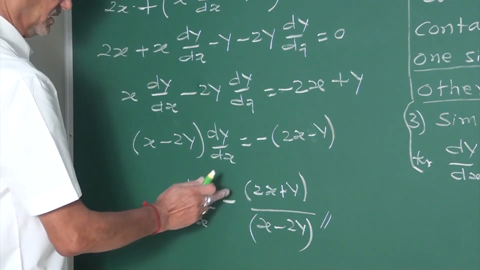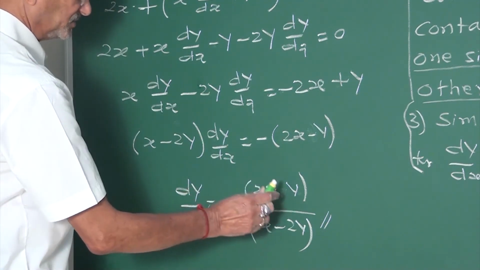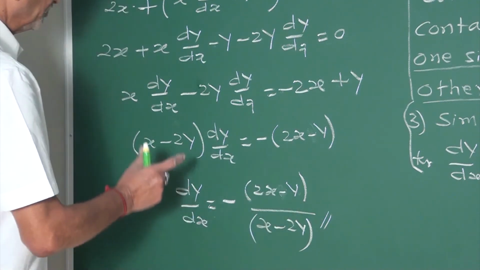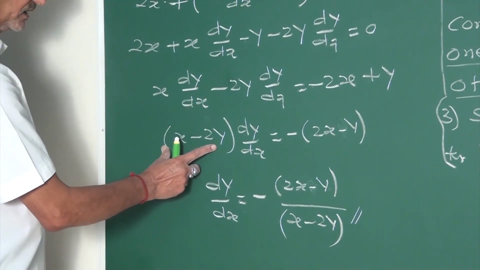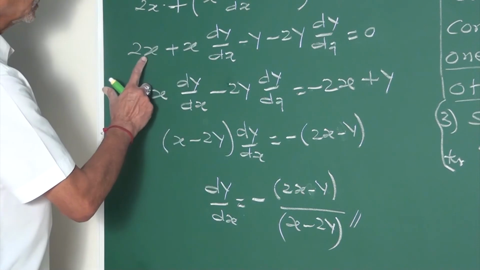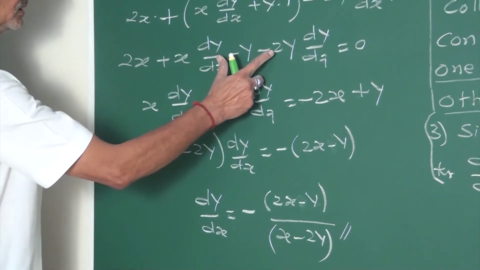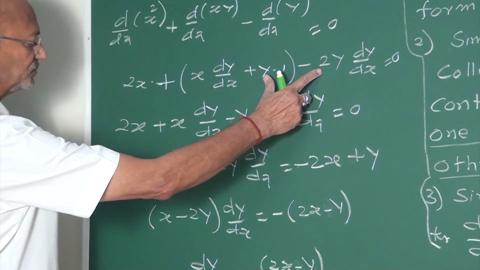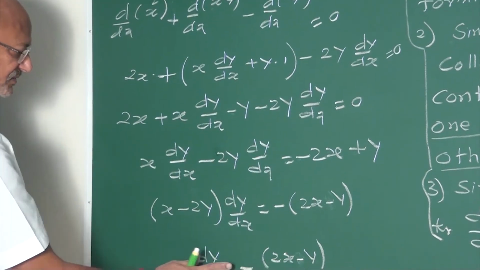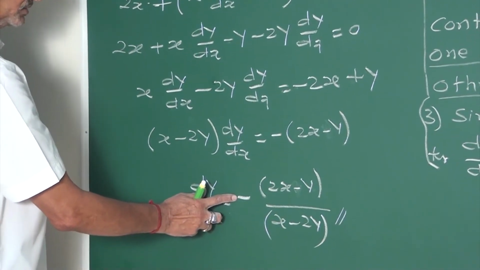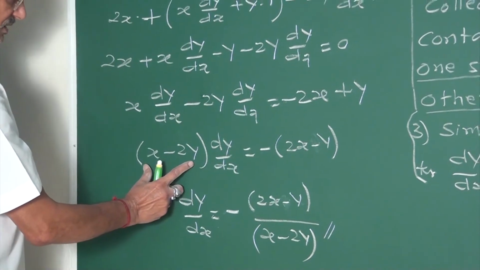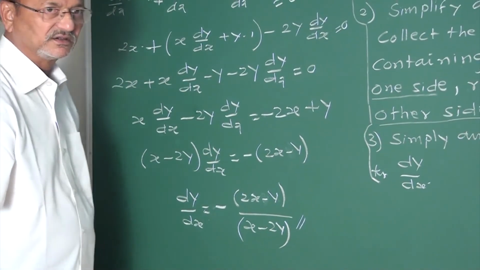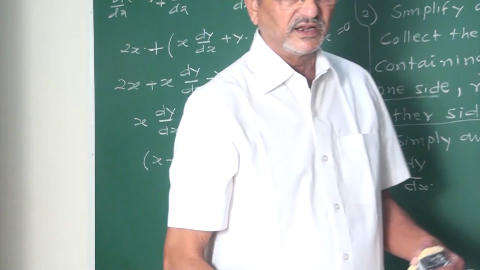This is minus (2x minus y). Here, (x minus 2y) into dy by dx, it is minus. So dy by dx is minus (2x minus y) upon (x minus 2y). It is correct. Okay.